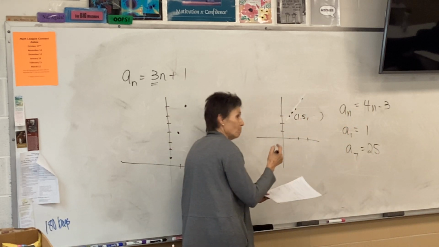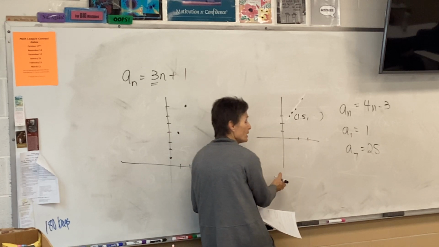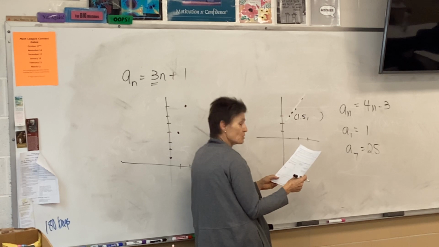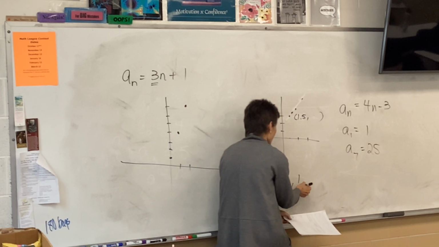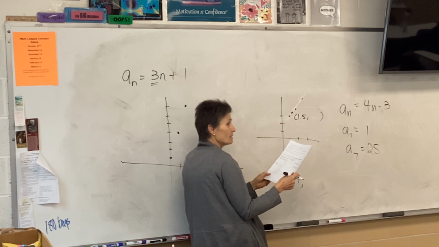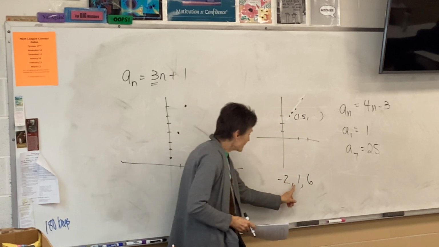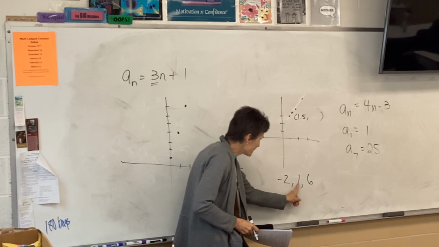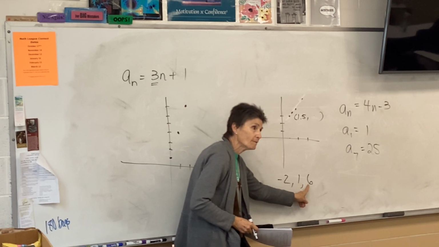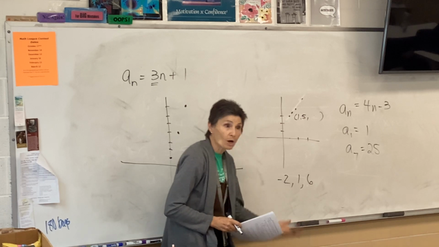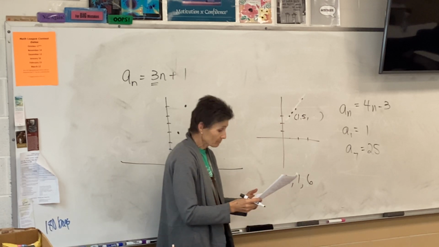Throw a few numbers in. Put in 1, you get -2. Put in 2, you get 1. Put in 3, you get 6. Okay, that's enough. Because if it's arithmetic, doesn't the distance from here to here have to be the same as from here to here? And it's not. So no, that's not arithmetic.